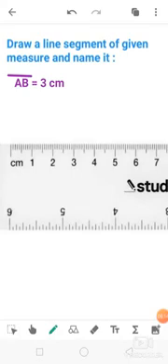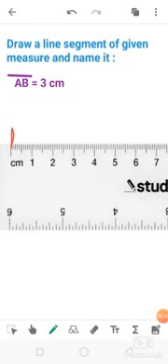First, you have to place the scale on your notebook. Using your pencil, we will make one point on 0. Then the second point will be according to the given measurement.